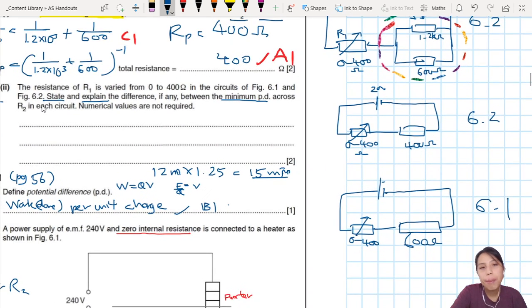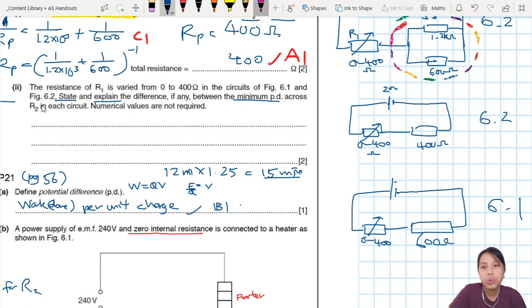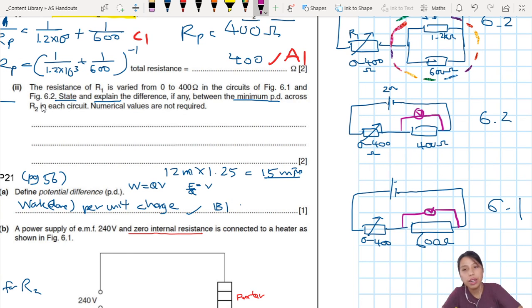So they're asking us what's the minimum PD across R2. In other words, if you measure that, V will have a minimum because of this 0 to 400. Here we'll also have a minimum if you measure the V across the 600, which is R2. Here R2 is inside there, but it's parallel, so it's the same thing: R2 plus LDR.